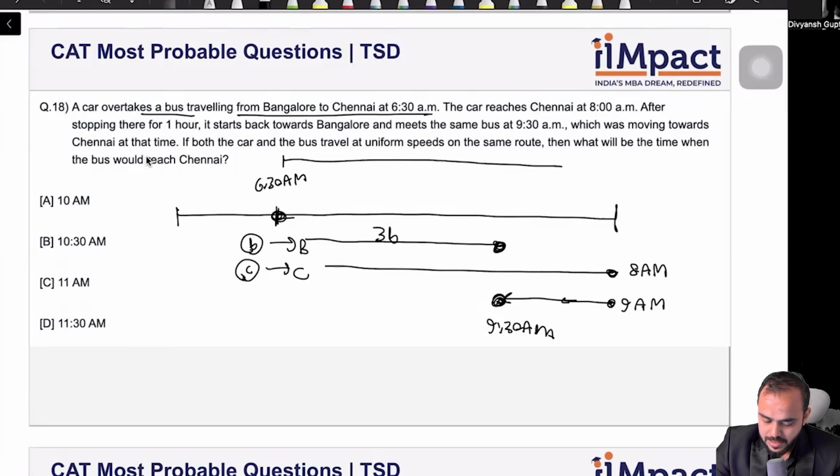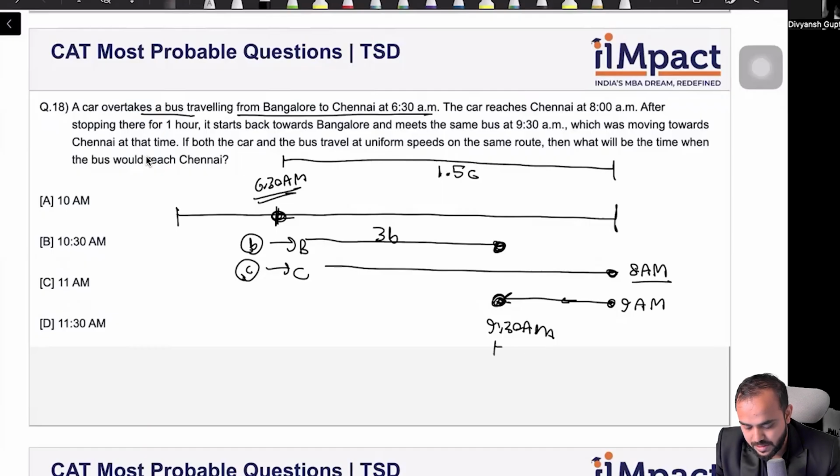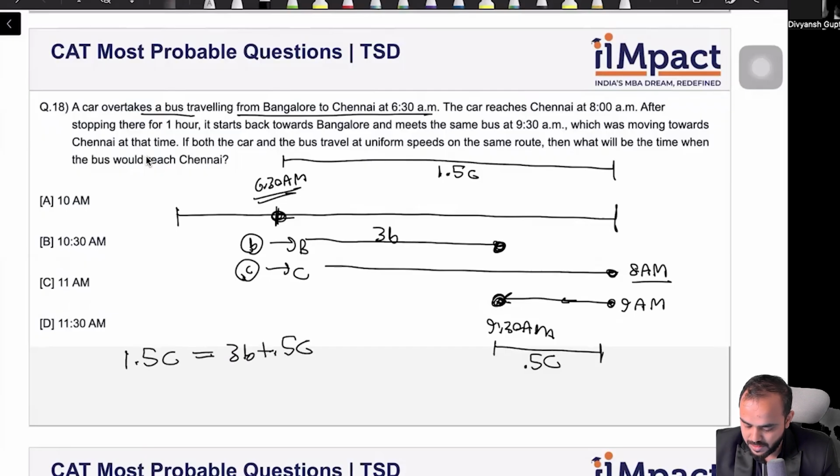This distance is going to be speed of the car into 1.5 hours, because it crossed at 6:30 a.m. and reached at 8 a.m. So this is 1.5 times C. This distance is going to be what? The car traveled for half an hour at a speed of C, so this is going to be 0.5 C, which means 1.5 C is equal to 3B plus 0.5 C, which gives me C is equal to 3B.